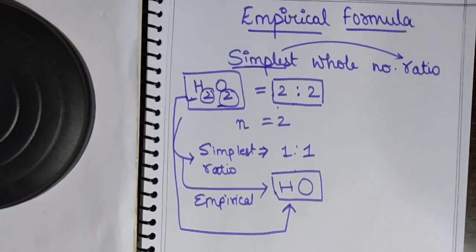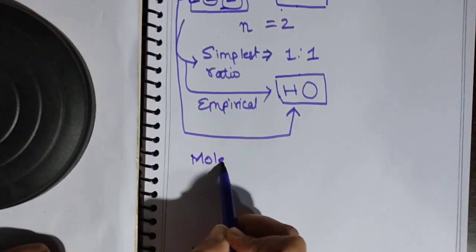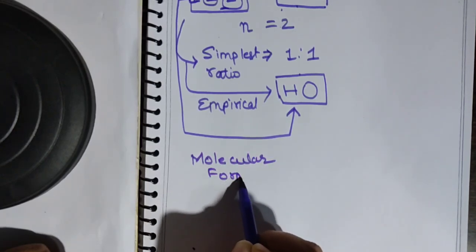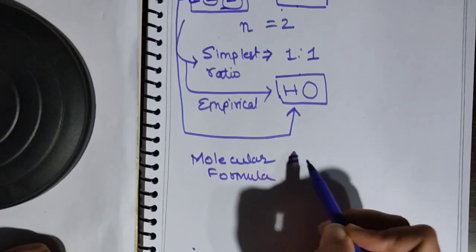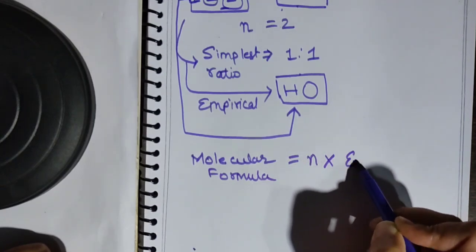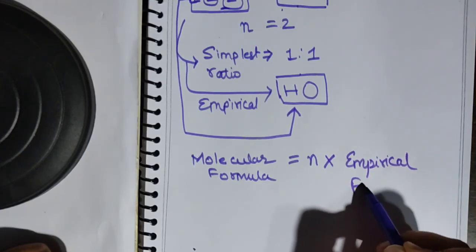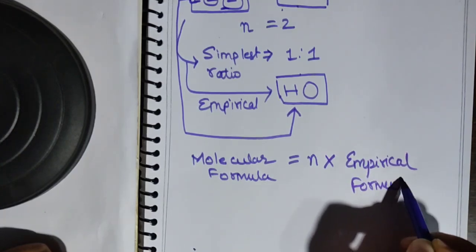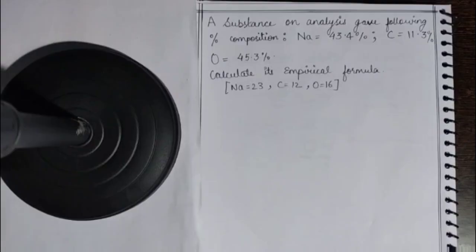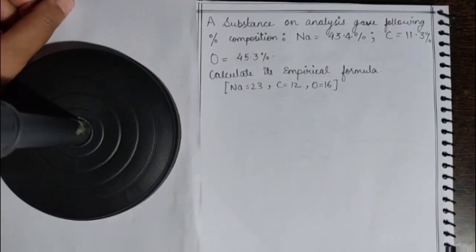Thus, I can write molecular formula as a multiple of empirical formula by a factor n, right? Now let's learn how to calculate empirical formula, how to find it out.